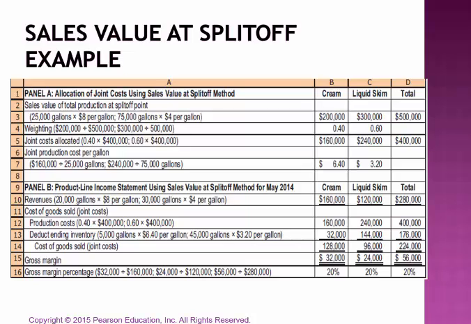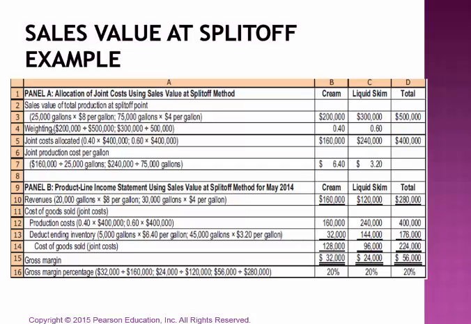Here again, we're going to be using weights. All right, so we're going to take the sales value at the split off point and calculate that as a percentage or a weight of the total sales value for the two products. All right, so again, the total revenues for the two, $500,000.